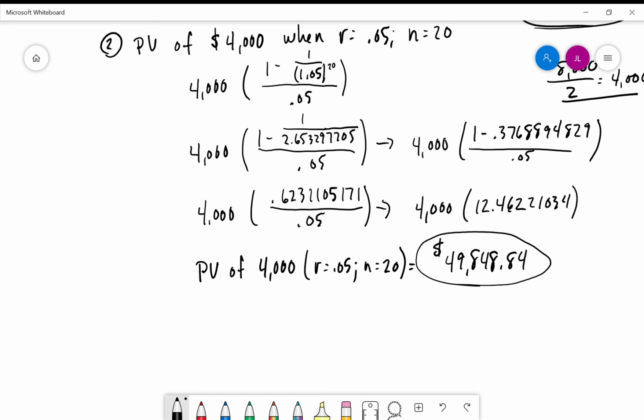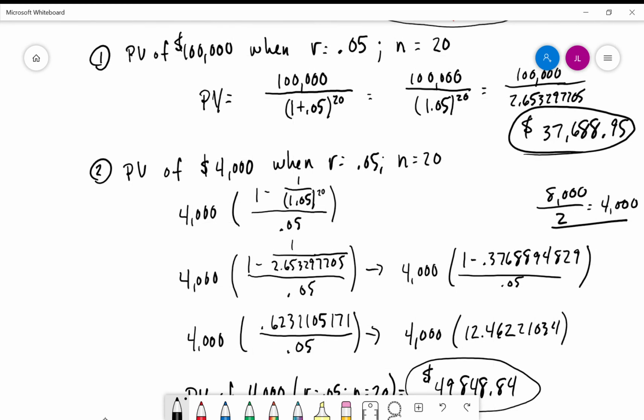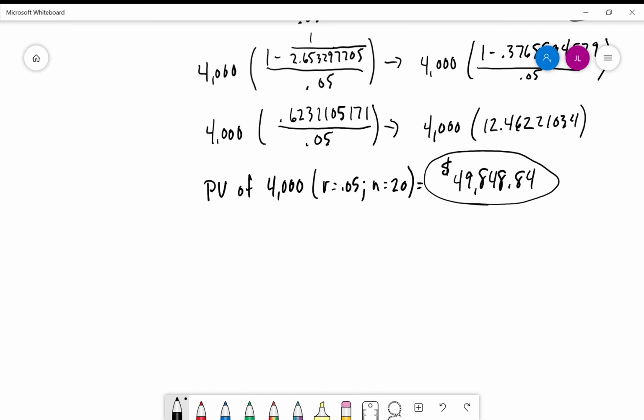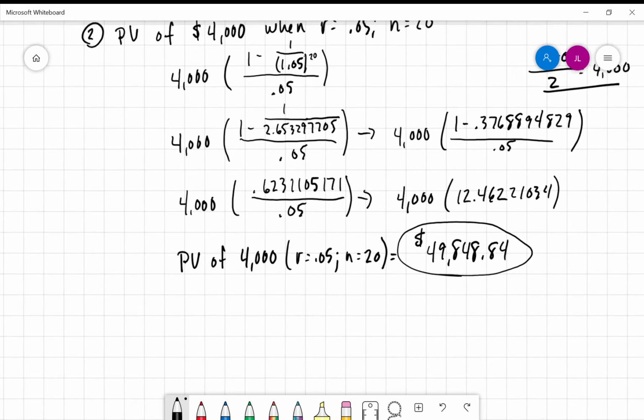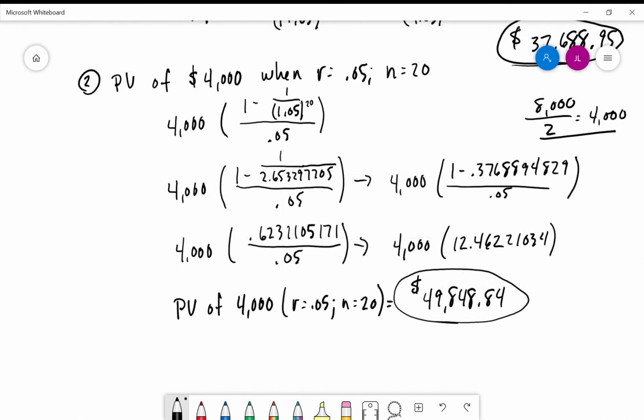Now, if we want to find the present value of the bond, what we do is we take the answer we got here in number 1, this $37,688.95. We add that to our $49,848.84, and let me get back up here so I can see this number.